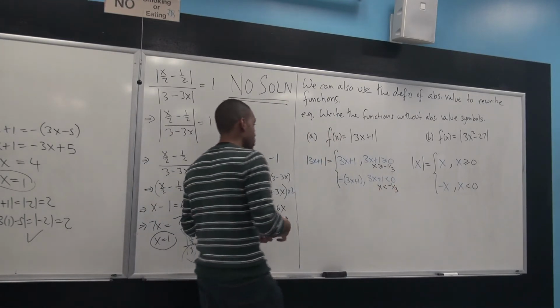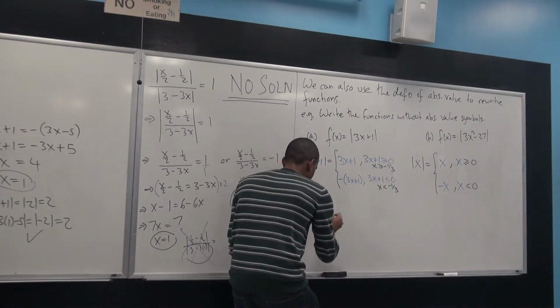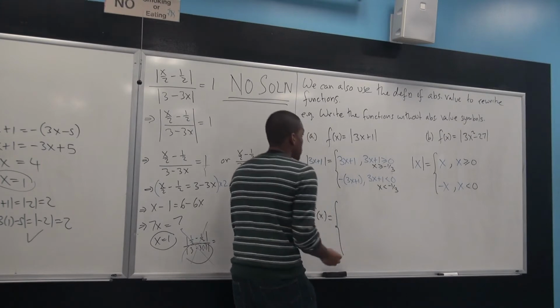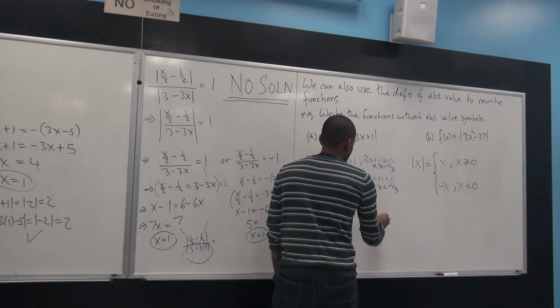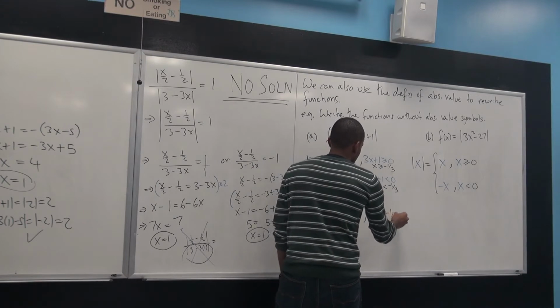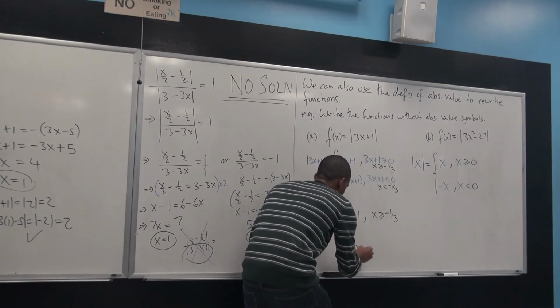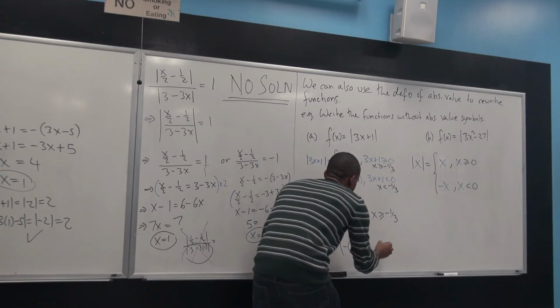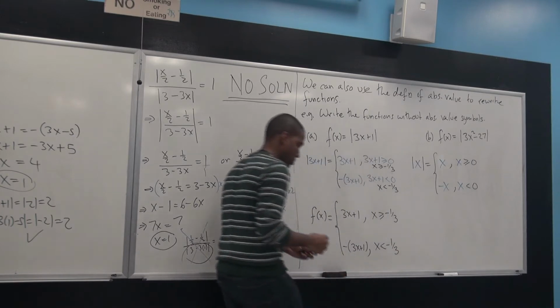So in other words, my f of x, I can rewrite it as a piecewise function. It's either 3x plus 1 if your x is greater than or equal to minus 1/3, or it's minus 3x minus 1 if your x is less than minus 1/3.